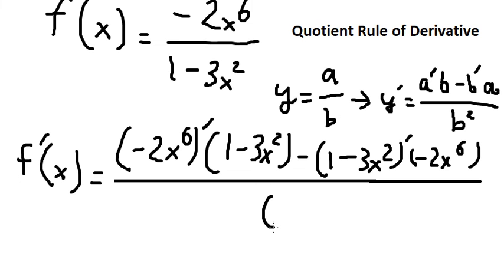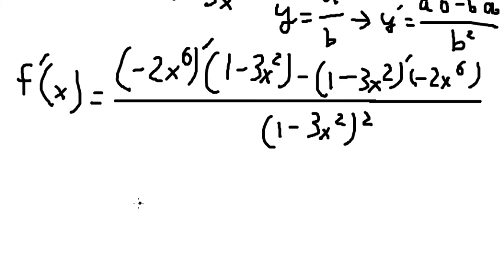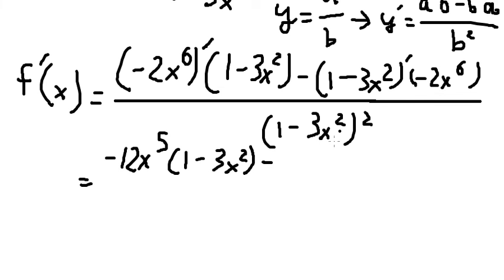This one we have the power number 2. So first the derivative of s to the power of 6 is 6s to the power of 5, number 6 with negative number 2, that is negative number 12. This one we have negative and negative, we have positive, number 3 with number 2, we have number 6.